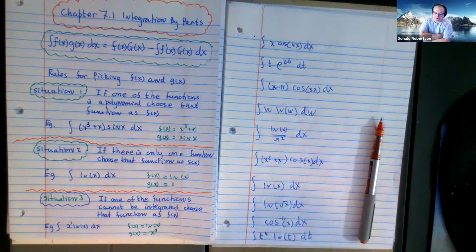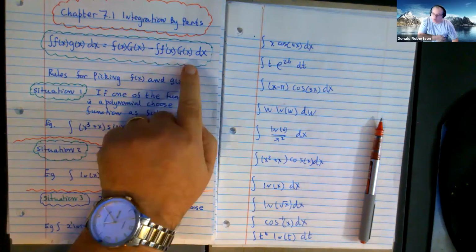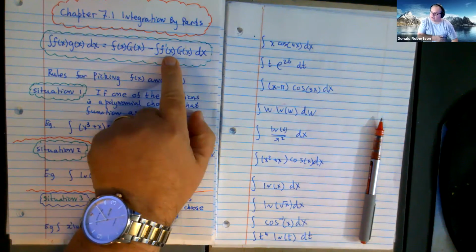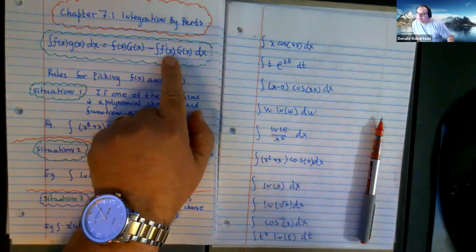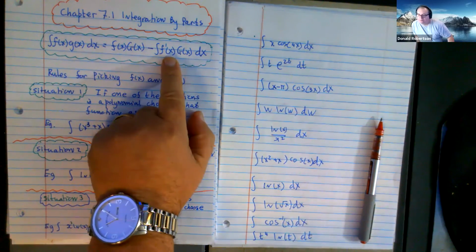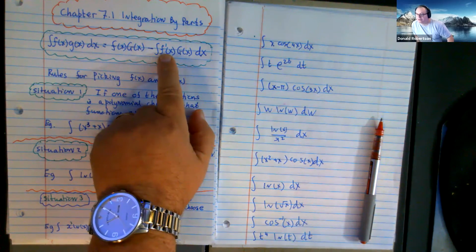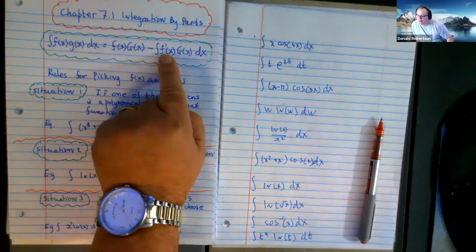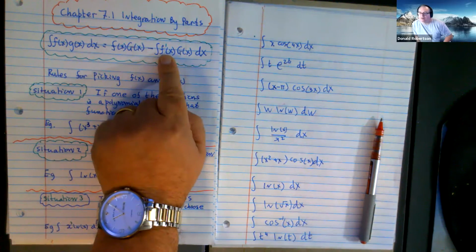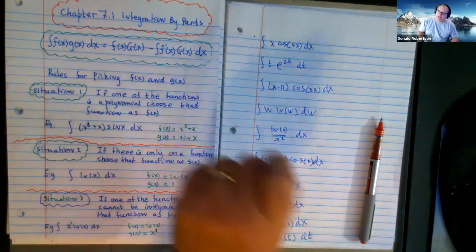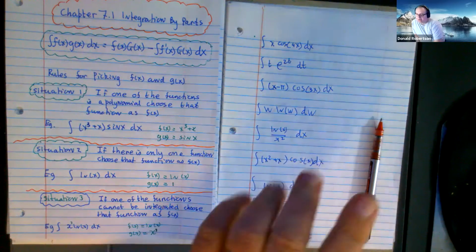And if it works, if you've picked the right one, then this integral here will be nicer looking than the original, right? It will simplify the question down. And if you pick the wrong one, you'll know it, because this guy here will be ridiculously ugly. It'll be even uglier than the one you started with. And normally you see that, okay, that one didn't work, switch places, guys.